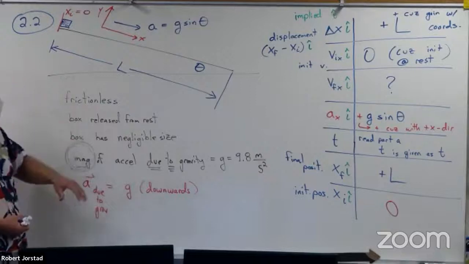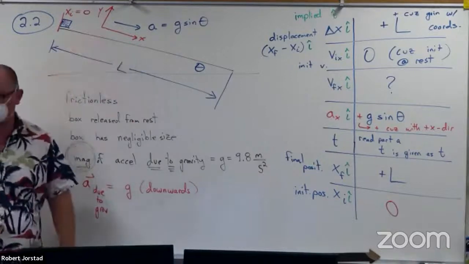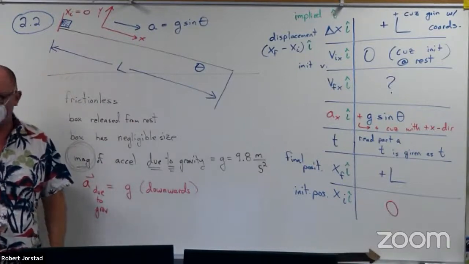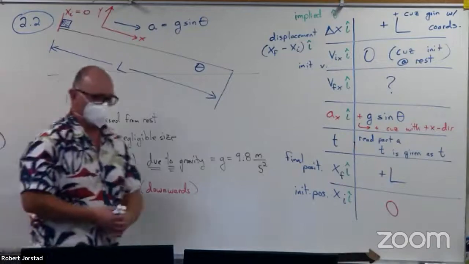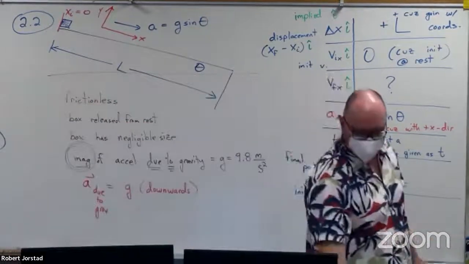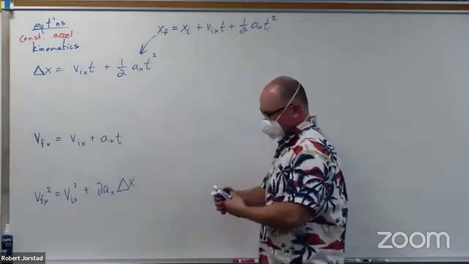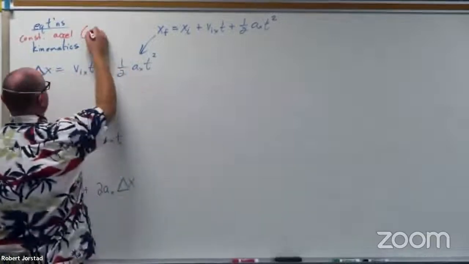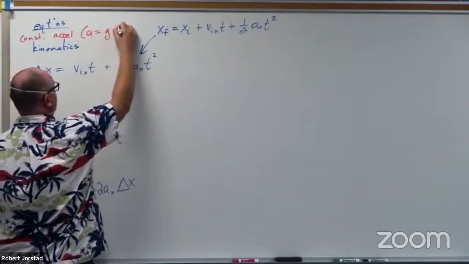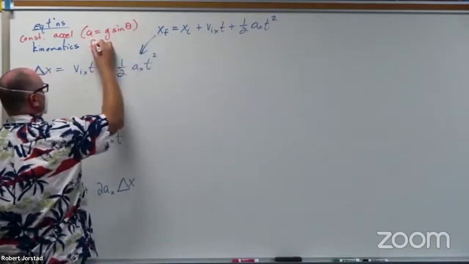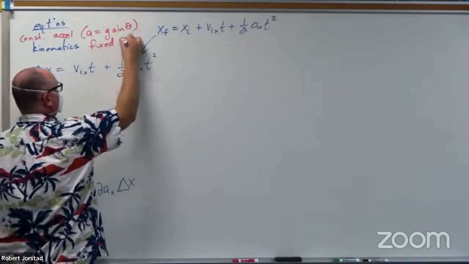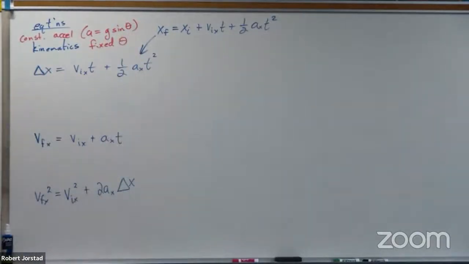We're assuming the ramp is just sitting there and the box is sliding down. So far, so good? All right. So that's why it is okay to use these equations right here, because it's constant acceleration, and ours was a equals g sine theta, and we're using a fixed theta. It's okay for us in this problem to use these.